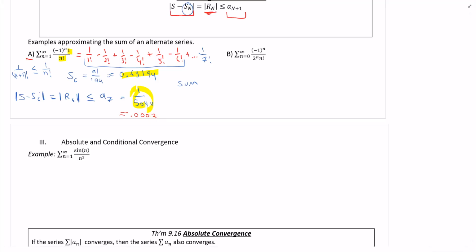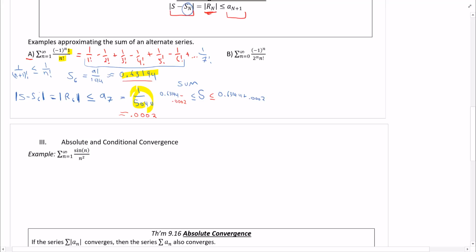Meaning the real sum, let's call it big S like usual, has to be greater than the partial sum you found minus this seventh term, and it has to be less than the partial sum you found plus the seventh term.